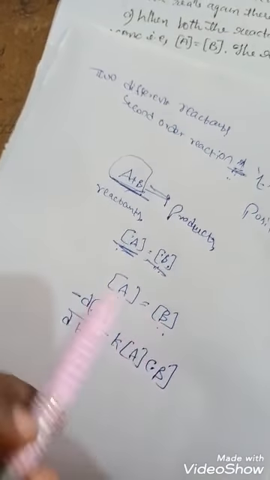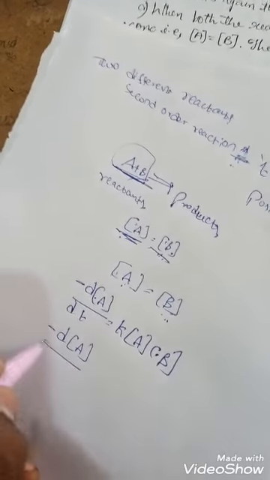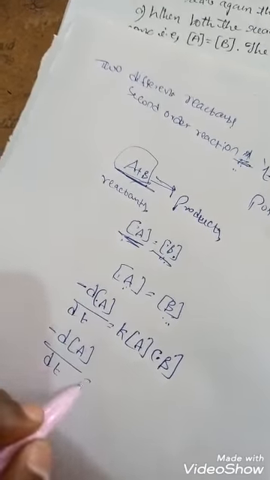We should replace B in place of A, and A in place of B. So minus dA by dt equal to k A square.